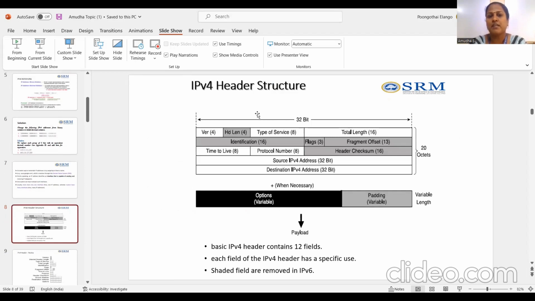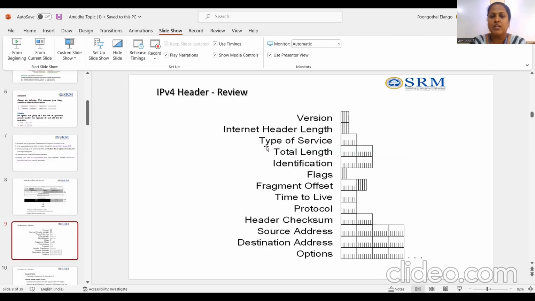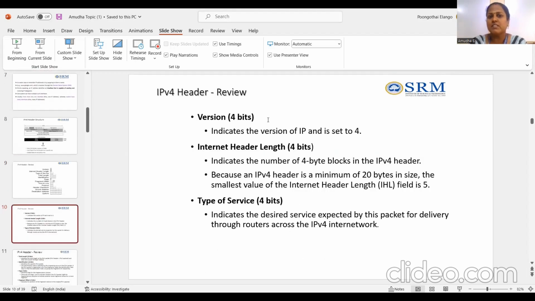The IPv4 packet has a header structure like this. The 32-bit data are divided into several parts: version, header length, type of service, total length, identification, etc. The version indicates the version of IP. The internet header length is 4 bits and indicates the number of blocks in the header.